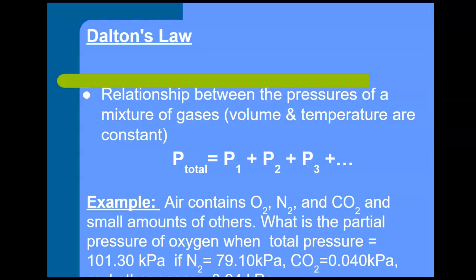So ultimately we would have, and I'm going to show you the setup of this since my problem is all off the side there, I would have said that this number is 101.3. And my first one, which I'm going to make the N2, I would have plugged in 79.1 here. And then on this one, I would have made this my CO2 pressure, which is 0.040.